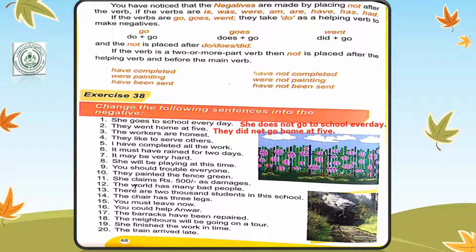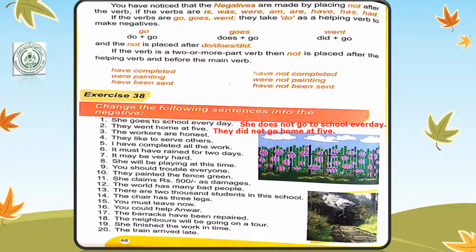She does not claim. Now again, I want to tell you, dear students, that in present simple tense, as in number 1, we say she goes to school every day. We say she does not go, because when we add does, we change goes into the first form, go, because s or es will not be taken by the third person singular.